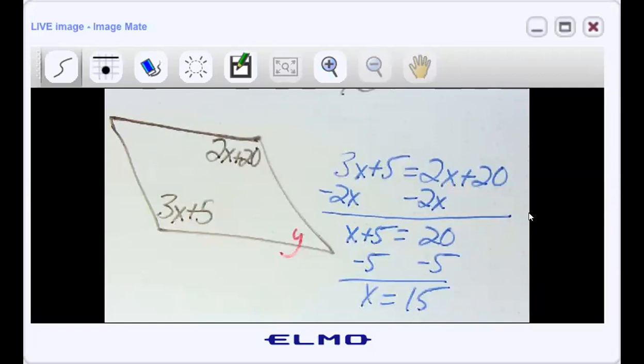Mark, that's right. Yes, so 130 is the right answer for y.